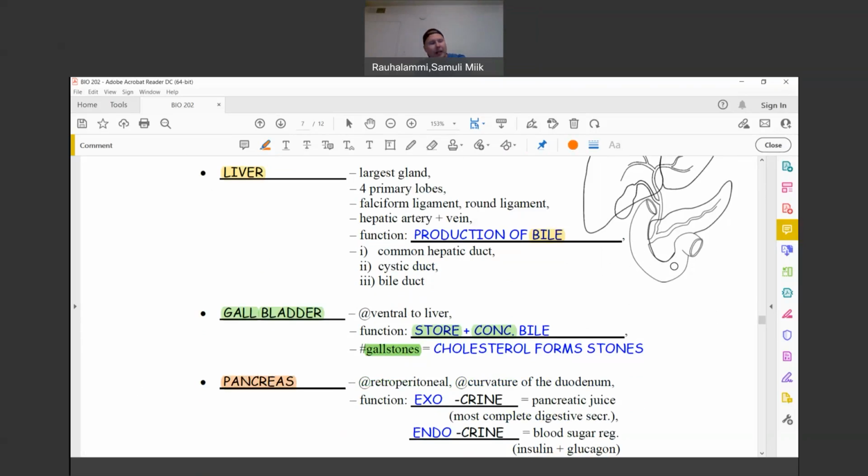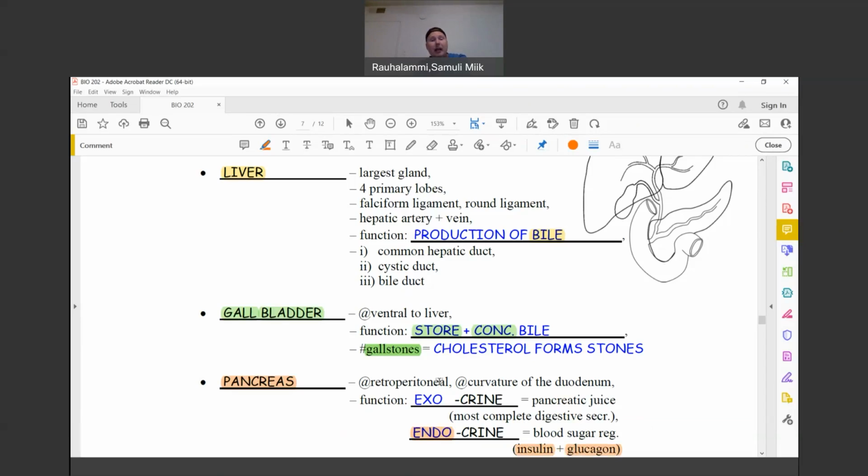And pancreas was one that we have often used as an example of a gland that's both endocrine and exocrine gland. Of course, we discussed the endocrine function of the pancreas when we looked at the hormones, and the endocrine function was to do with the blood sugar regulation, so production of insulin and glucagon.